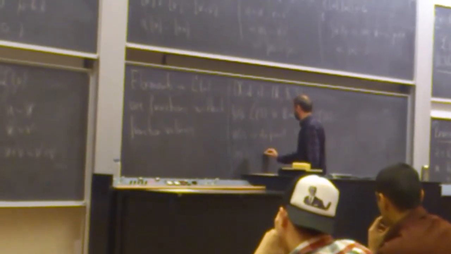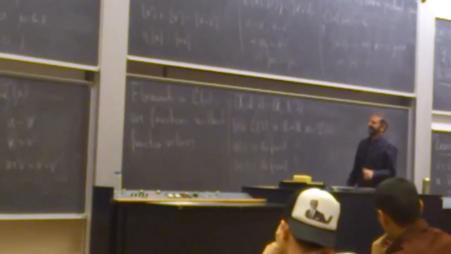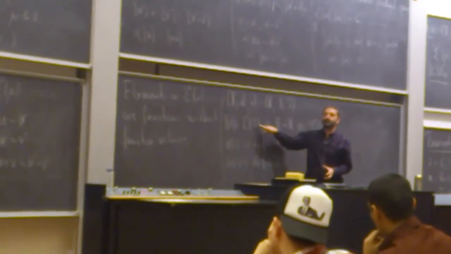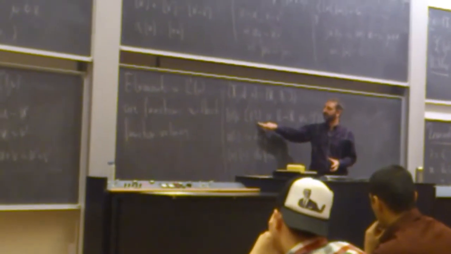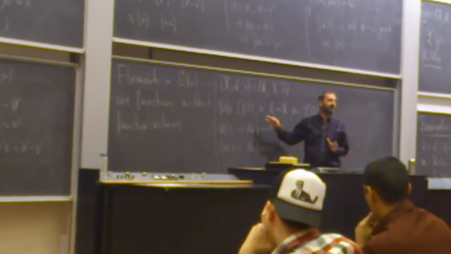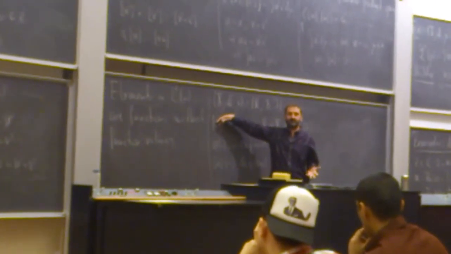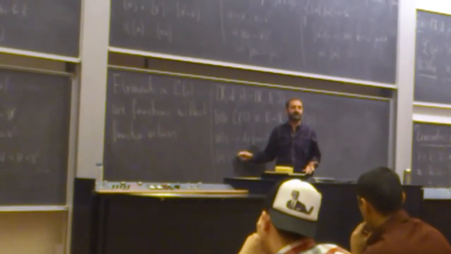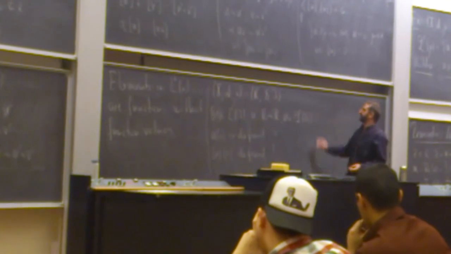So can I take an element of L2 of lambda, the non-curly L2, and think of it as a function? For example, can I take such a slice and evaluate it at zero? Does that make sense? And the answer is no.